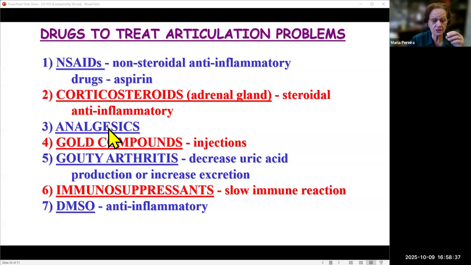So by using analgesics and preventing the action potential, the electrical current traveling from the site of damage all the way to the center in the brain that is activated by pain, you won't perceive pain. So you're not treating the condition. You're just preventing the symptoms. You're just preventing the pain. Analgesics. Gold compounds can be given by injections. The mechanisms are not well understood, but they can be useful.